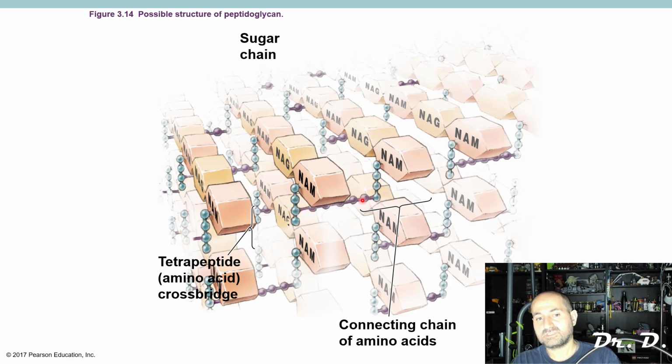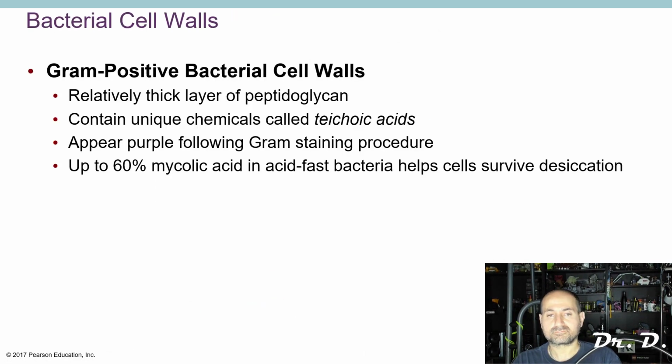This is called a peptide bridge, or a tetrapeptide cross bridge, which means that there's an amino acid cross bridge between this NAM peptide and this NAM peptide. All right. So again, you have parallel chains of NAG-NAM subunits, and they're cross-linked with one another, connected by amino acids. You can see how this would make for a strong cell wall, right?